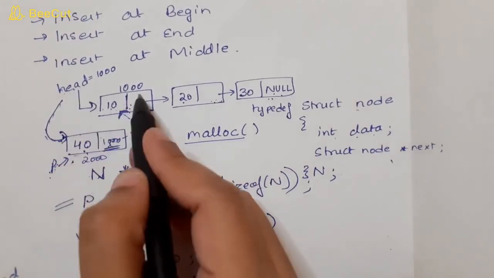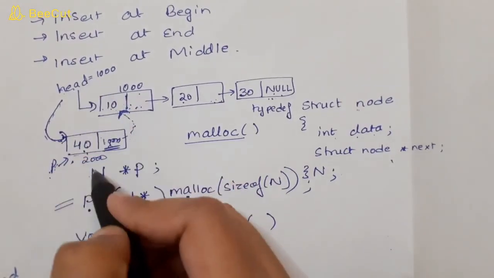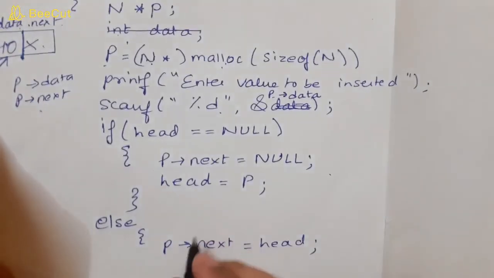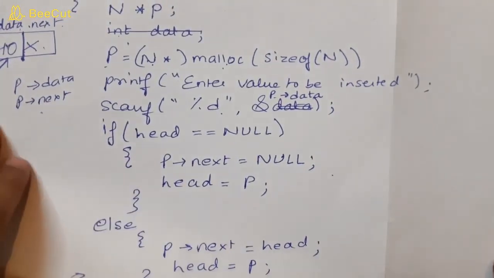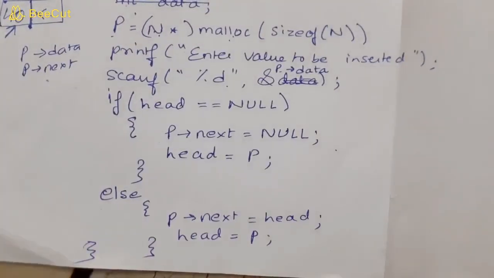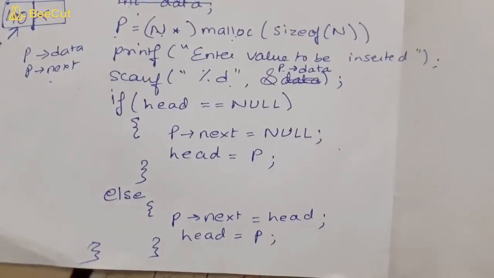Now head, instead of pointing to 1000, should point to 2000. So we'll write it over here, head equals to p. So this will be the complete code for insertion at the beginning.